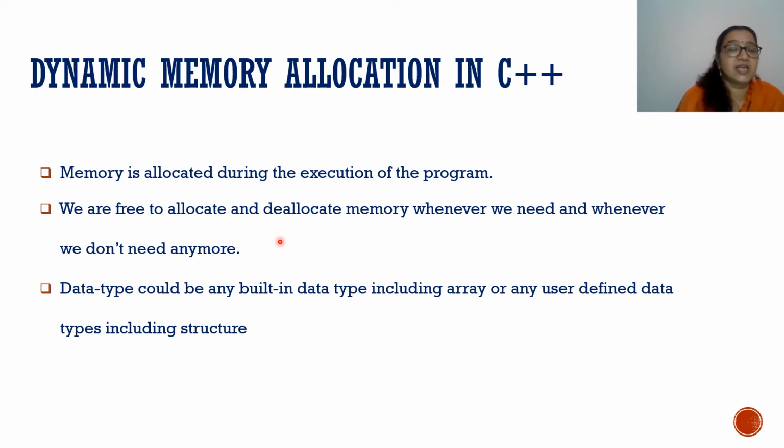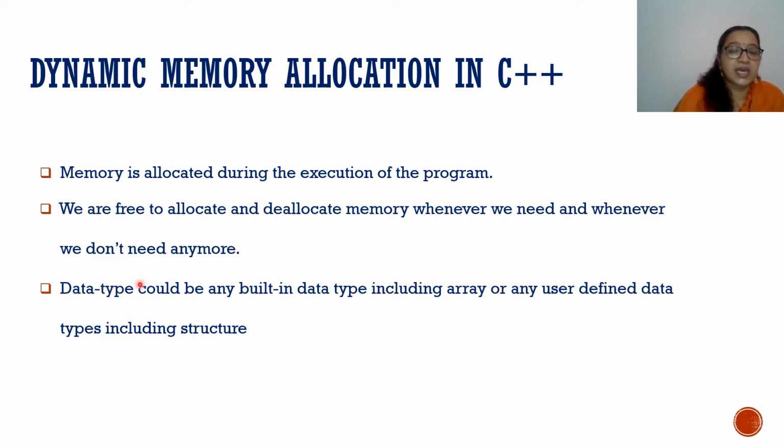That is the speciality of dynamic memory allocation. But in static, we can't deallocate the memory. That is the duty of the operating system. So here the programmer can decide when they want to deallocate it. Clear?